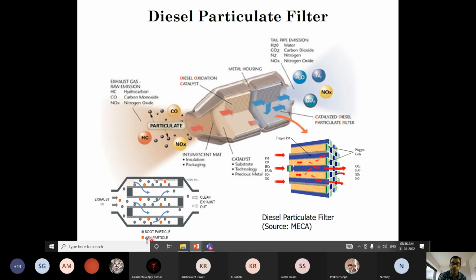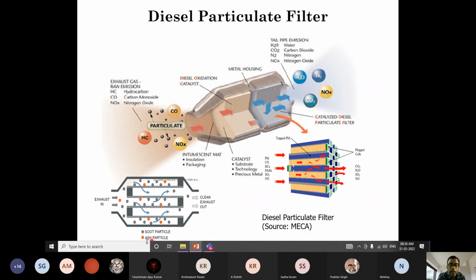This is very important, particularly during the starting phase, because when you switch on the engine, it is in the idling condition where the exhaust temperature is very low. At that time your after-treatment devices will not work efficiently and your emissions will be too high. There we need to instantly increase the temperature of the exhaust gas, and that can be done with post-injection.